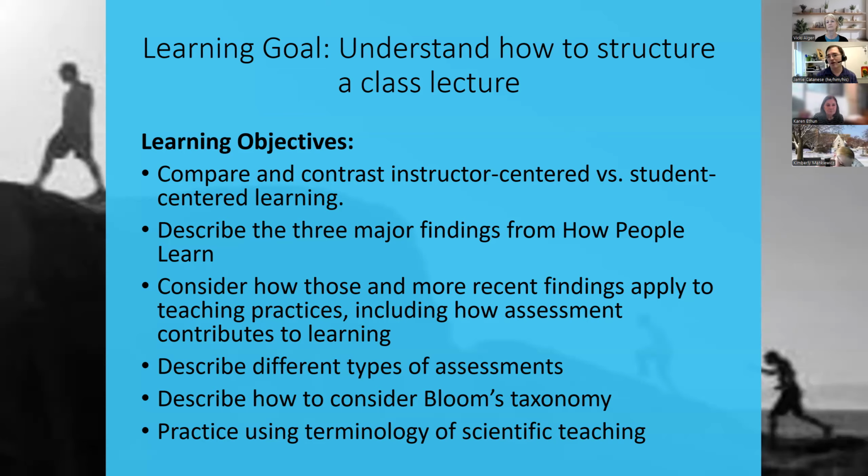We're going to talk about how that book, as well as some other more recent findings, help us think about learning and the assessments that we use. What are assessments? How do we think about Bloom's taxonomy? And as you'll see throughout this talk, I'm going to be throwing out a variety of terms. Sometimes I'll define them, sometimes I won't. So I encourage you to write down the terms you hear, because learning that lingo and knowing what to look up is helpful.